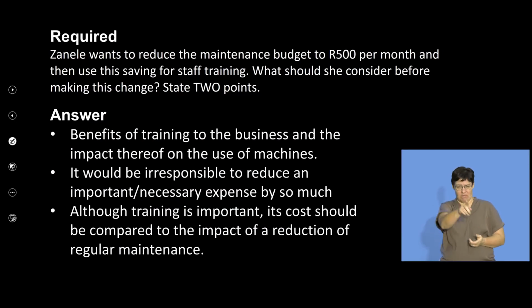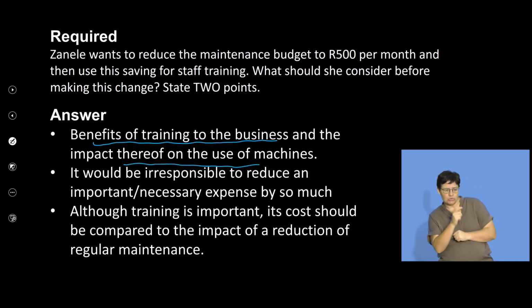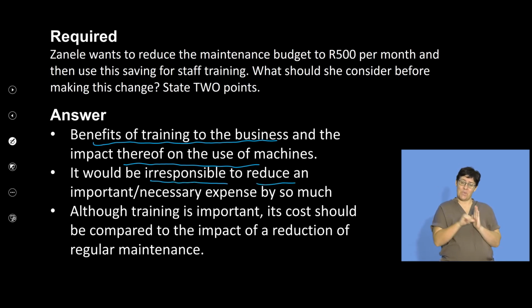Yes, we do know that there are definite benefits of training and also the impact thereof on the use of machines. It would be irresponsible to reduce an important and a necessary expense by so much. Right? She's budgeted 5,000.